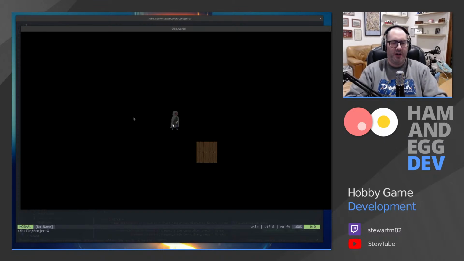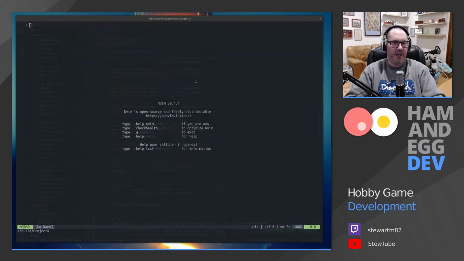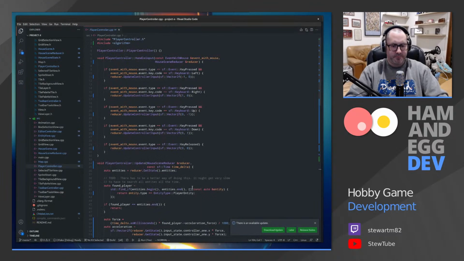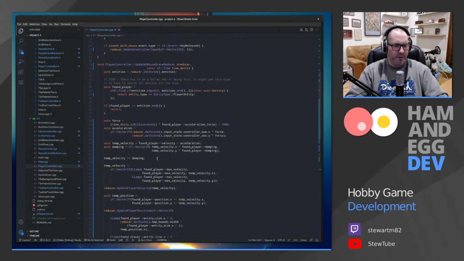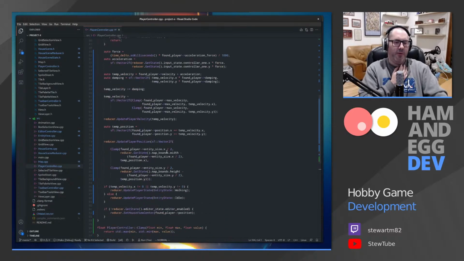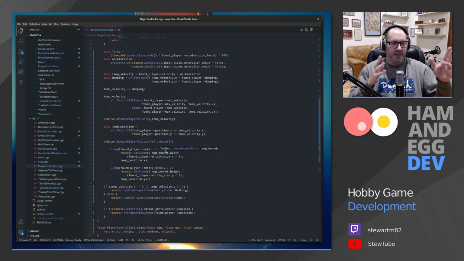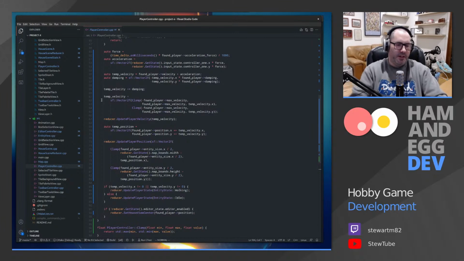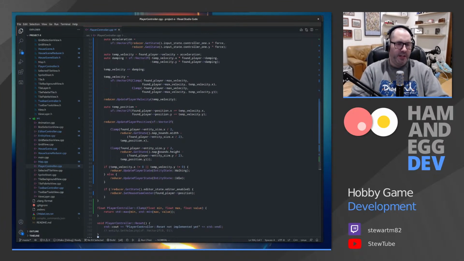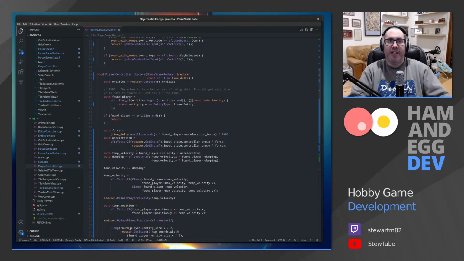So we're going to try and work out as much as we can, and hopefully get to a point where our character is moving smoothly, and where this is the template for calculating these velocities for any other entity that needs to move. So yeah, that's what we're going to do.